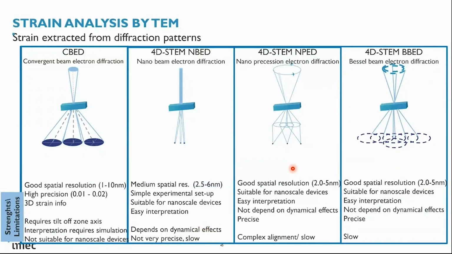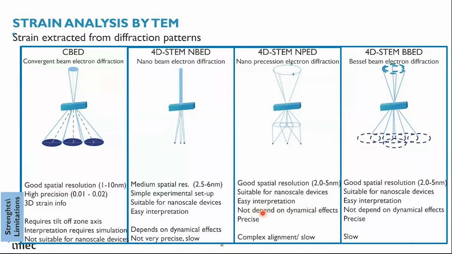Regarding precession electron diffraction and bezel electron diffraction, they both have very good spatial resolution, between 2 and 5 nanometers, are both suitable for nanoscale devices, minimize the dynamical effects, and are precise techniques.